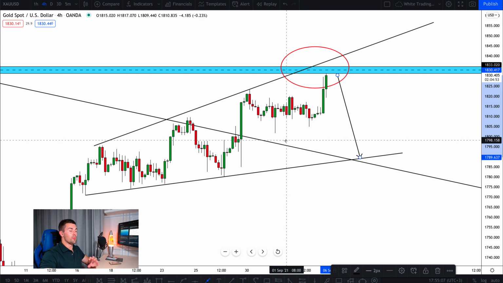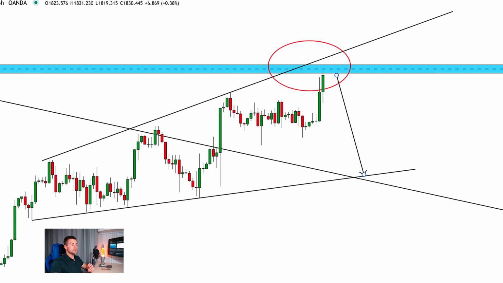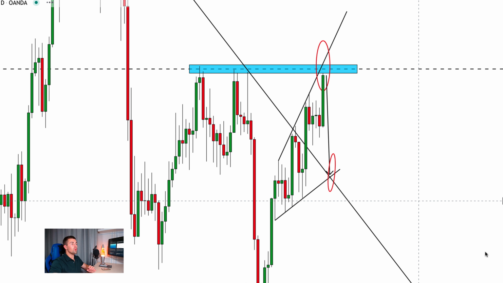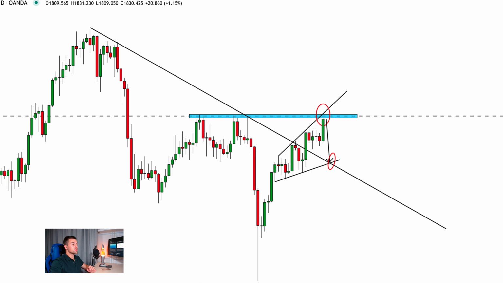If you want to buy gold next week, if you're looking for buying opportunities, the first point for you to consider is the support of the wedge. You can look for the confirmation right here to buy the market, expecting a strong bullish wave. Or there's one more option right here. You can also look for the violation, the breakout of that blue zone on a daily.